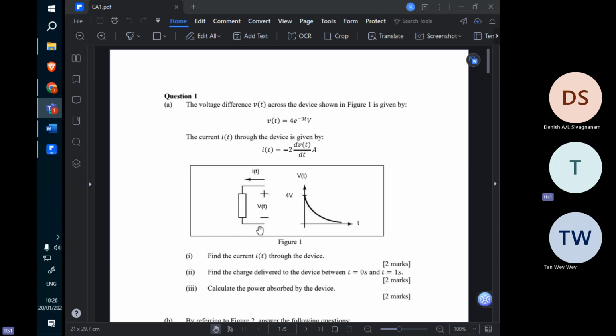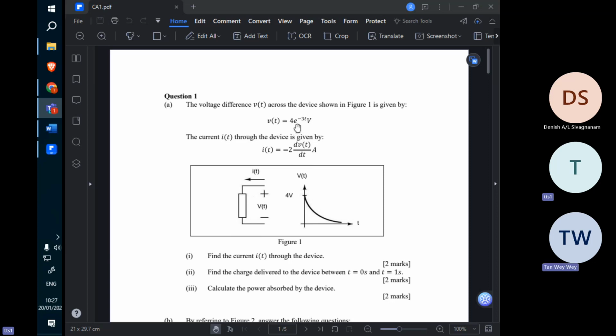So basically what's given to us is the voltage and current. But the way they present it is a bit unusual, I should say, because usually the circuit will tell you how many volts you apply here. For example, for the car, we say 12 volts we apply here.